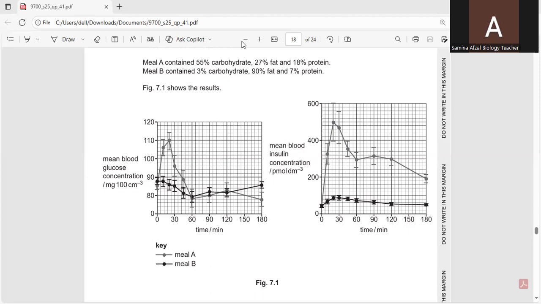The rise in blood glucose is detected by the beta cells in the islets of Langerhans in the pancreas. So the pancreas secretes the hormone insulin into the bloodstream, where the mean blood insulin concentration rises sharply from approximately 300.